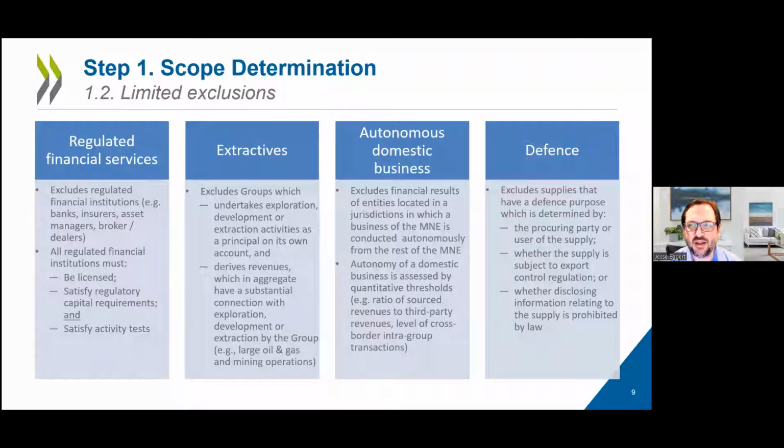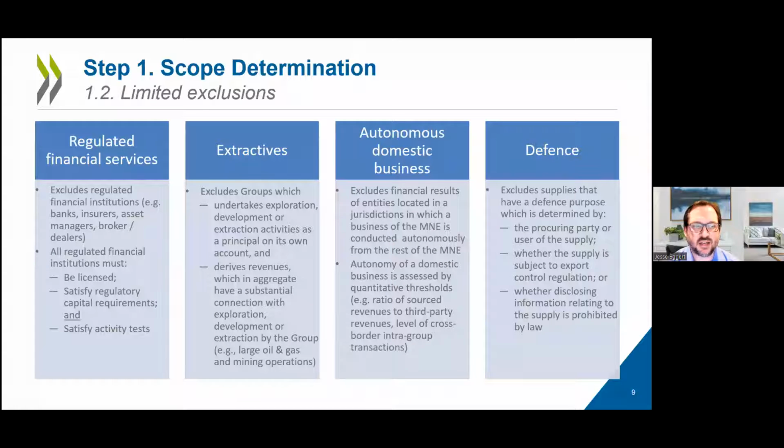Is the supply designated for use in defense or intelligence, or is it subject to export control regulations that are designed to protect that type of defense or intelligence security interest? And you look at things like whether the disclosure of information related to the supply is prohibited by laws that are designed to protect defense and intelligence related security interests.